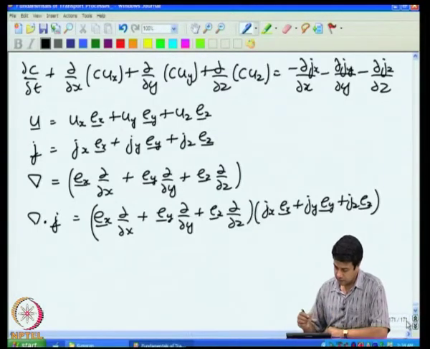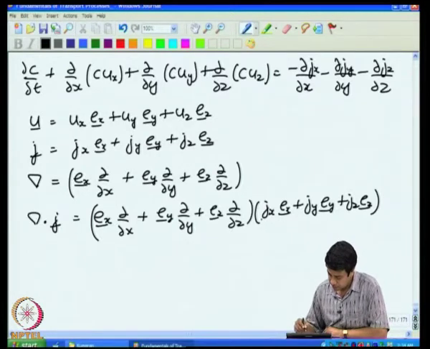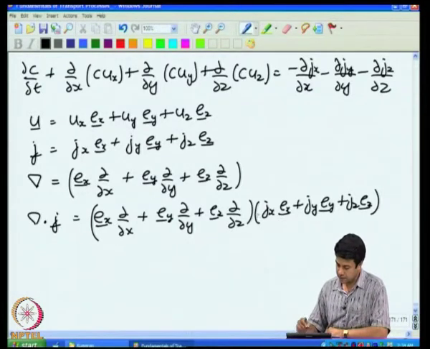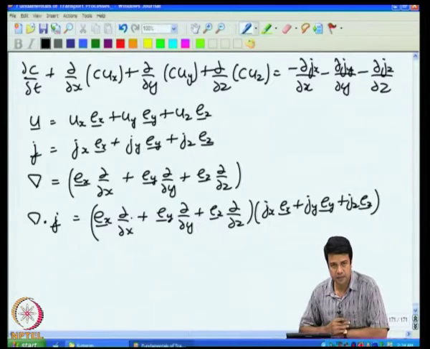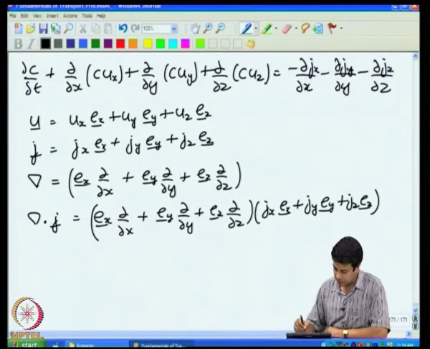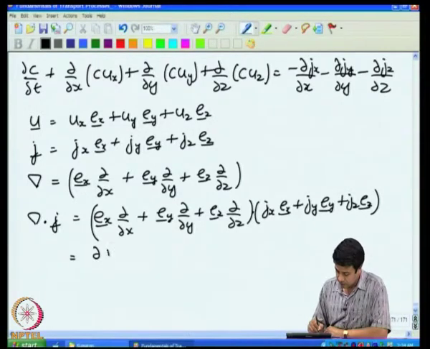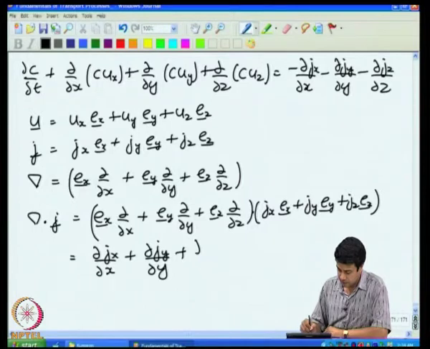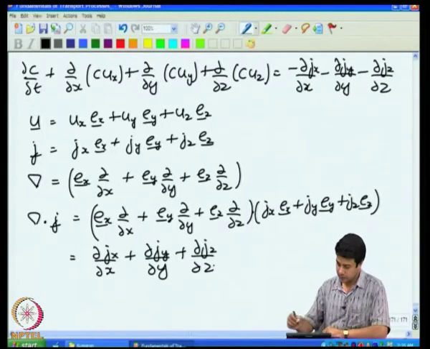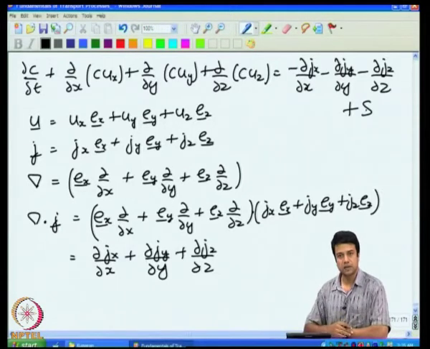okay, the unit vectors come out of the differentiation sign because they are independent, okay, and I have a dot product here between the gradient operator and the unit vector. Therefore, I will just get djx by dx plus partial of jy with respect to y plus partial of jz by partial z. Okay. I am sorry, I should have the source term as well here. Okay.